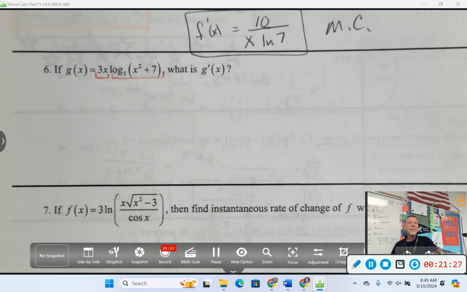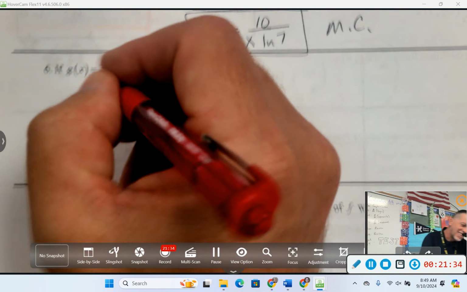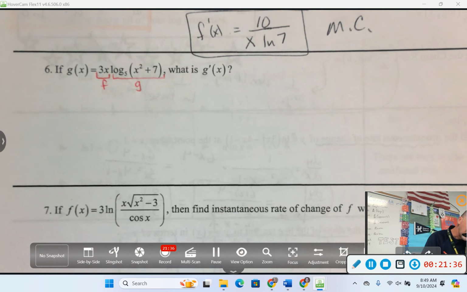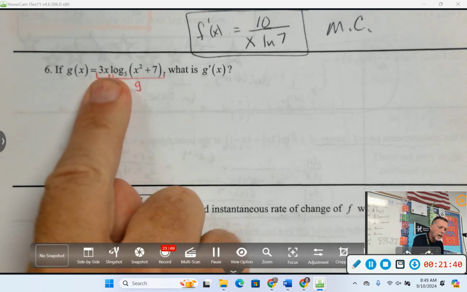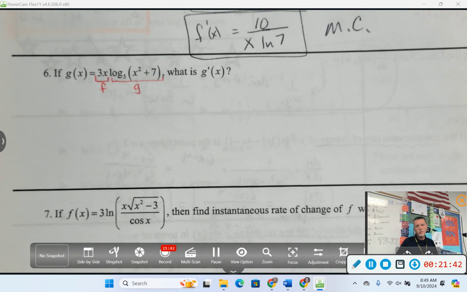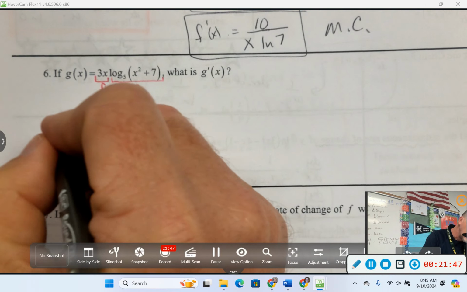We are multiplying, so which one of those fancy words means multiply? Anybody? Product rule. So this is product rule plus power rule plus log rules plus a base that's not e. So there's a lot of things going on in this problem.